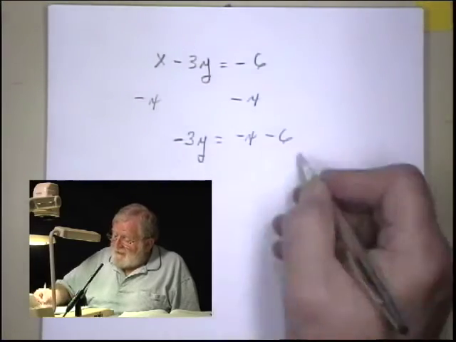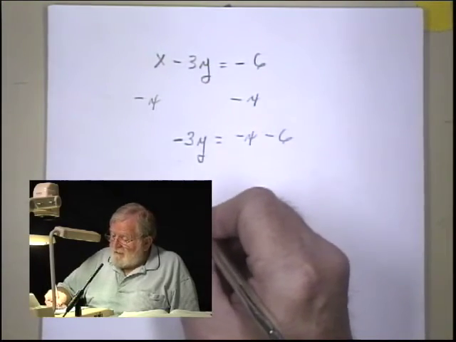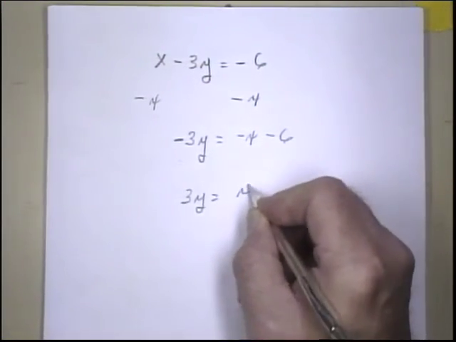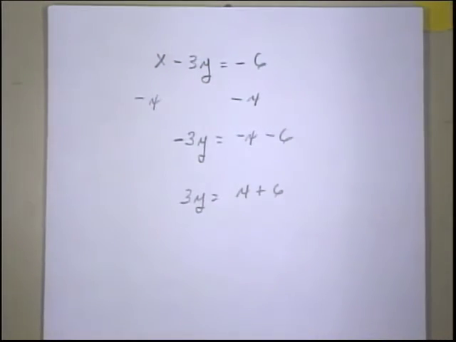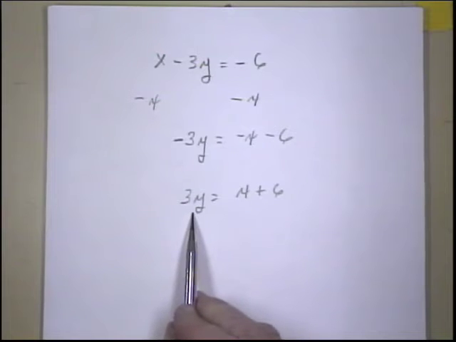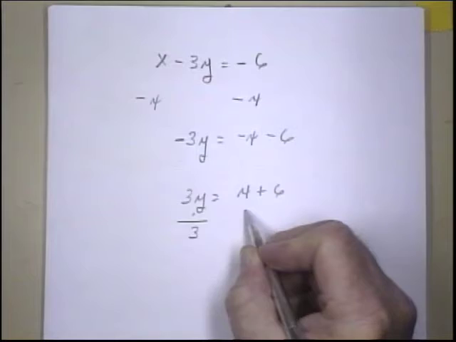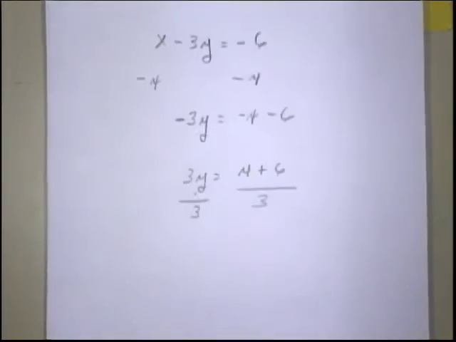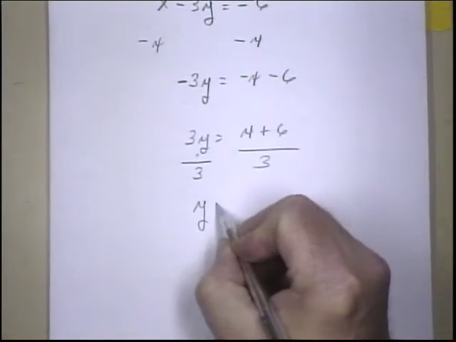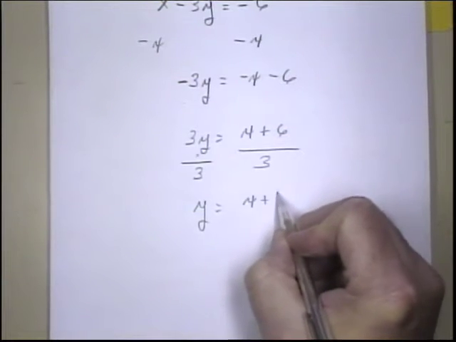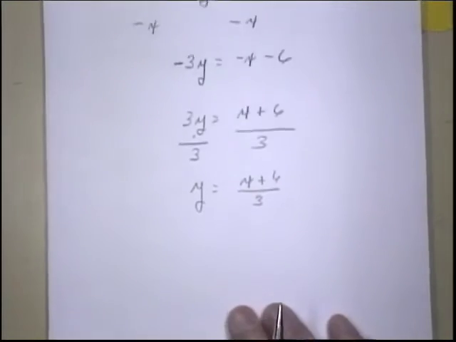If we divide everything by minus 1, we get 3y equals x plus 6. Now we need to get rid of this 3, and we can do that by dividing by 3. And this becomes y equals x plus 6 divided by 3.